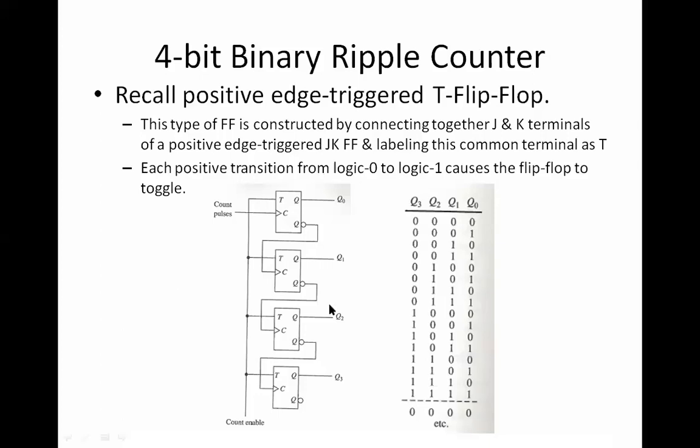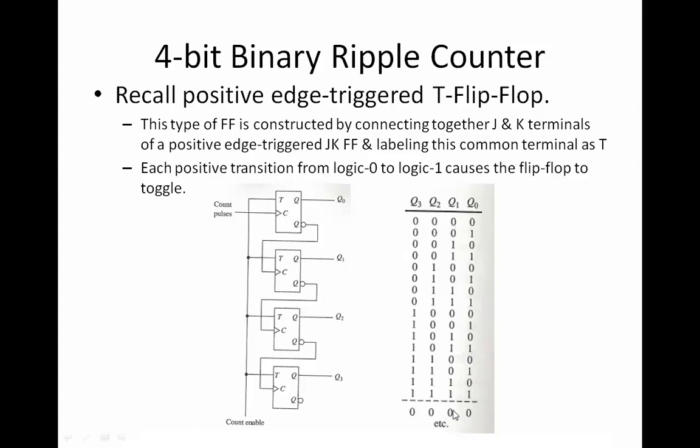Now consider this counting sequence where I have Q0, Q1, Q2, and Q3, which are our outputs here. As usual, I will take my 4-bit combination, from 4 zeros to 4 ones.